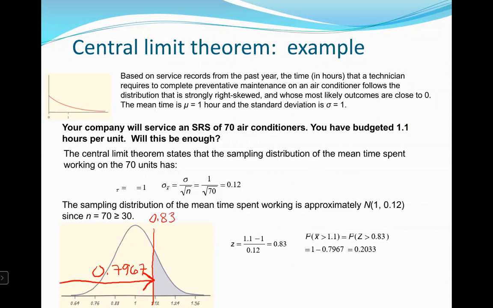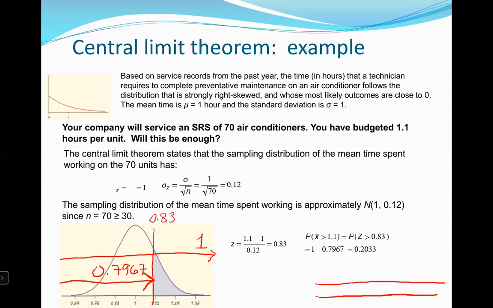And so we have to subtract from 1, right? Because if we were allowed to get the whole area under the curve, we would have an area of 1. So 1 minus the 0.7967, which we got from looking in table A.